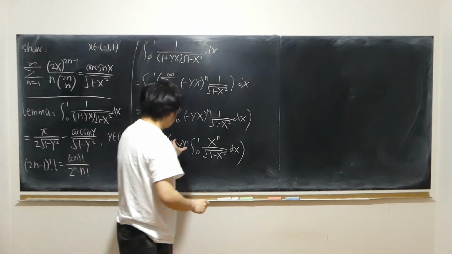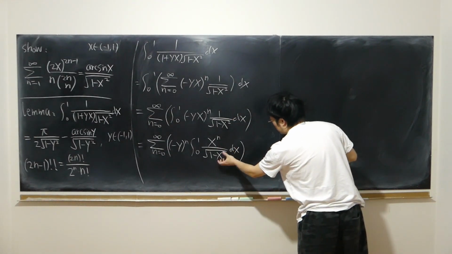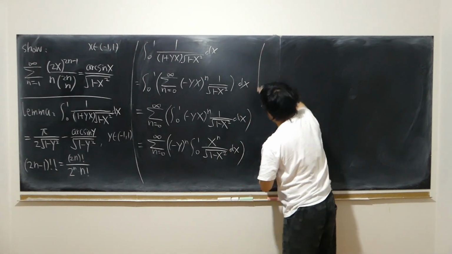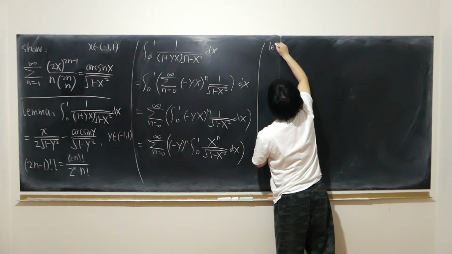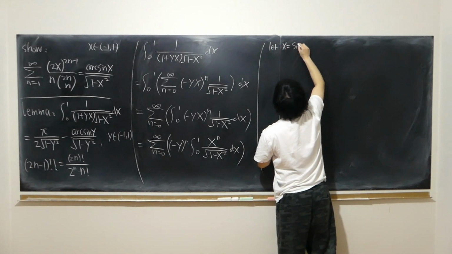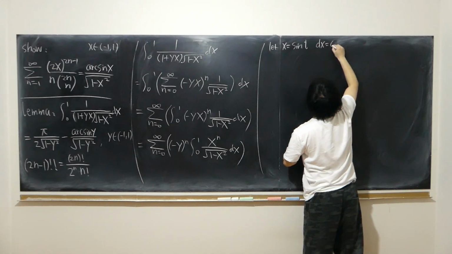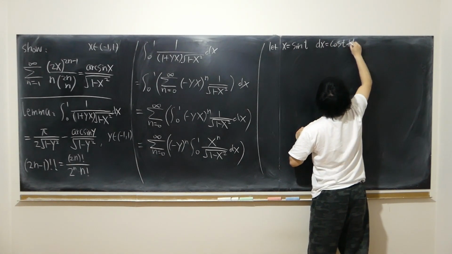This should be easy to integrate, as long as we let x equal to sine t again. So dx becomes cosine t dt.